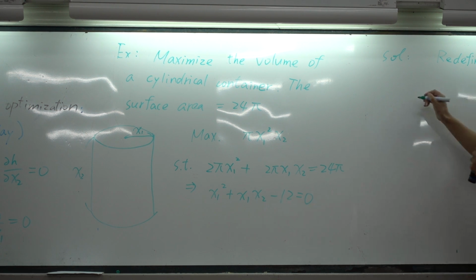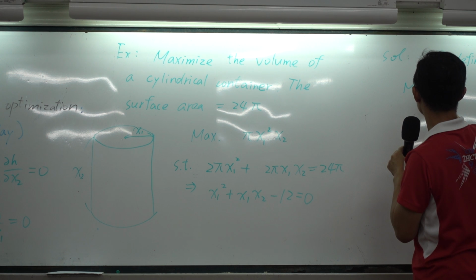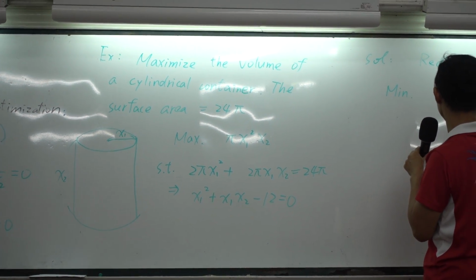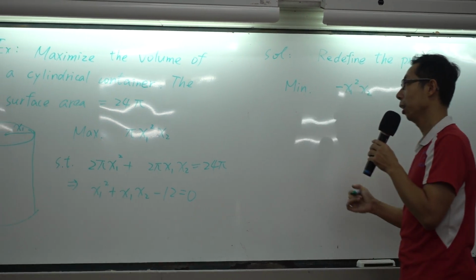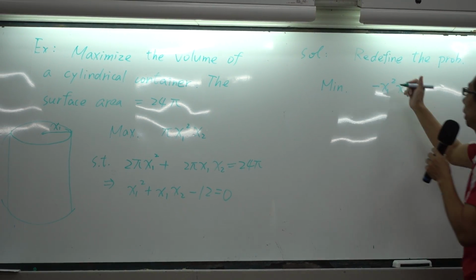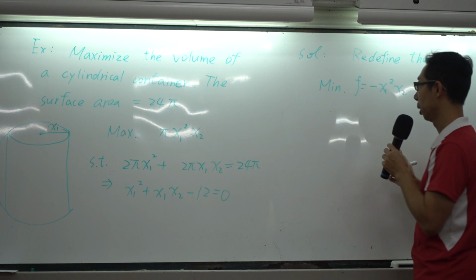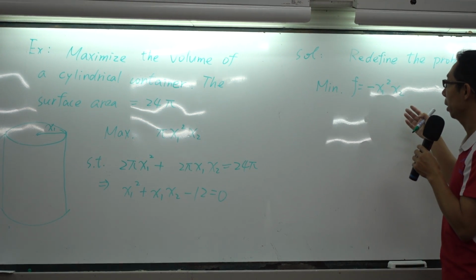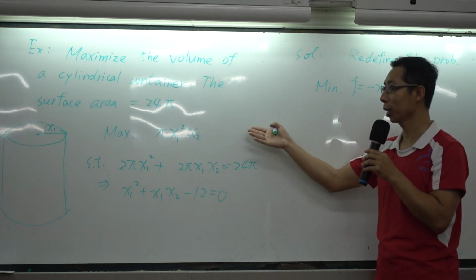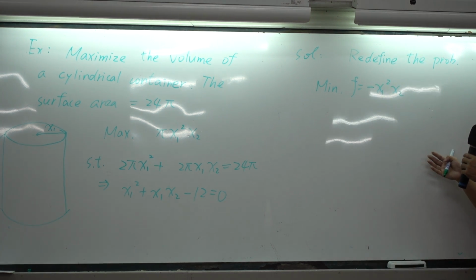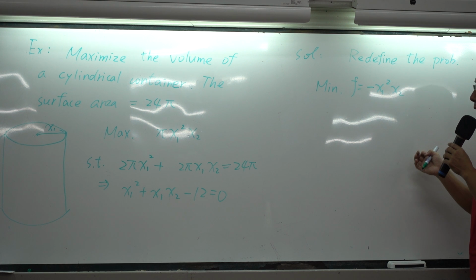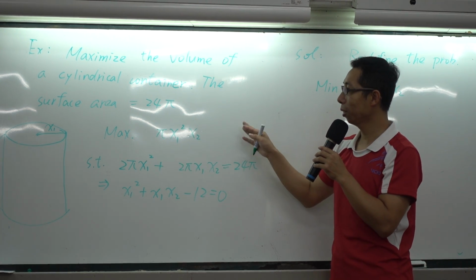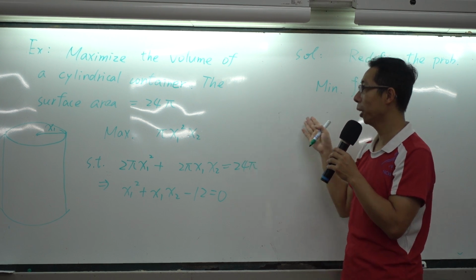We can just do this: minimize negative x1 squared times x2, because when we try to maximize something, it's equivalent to minimizing its negative. And having this pi or not doesn't matter, right? We can still find the same point.